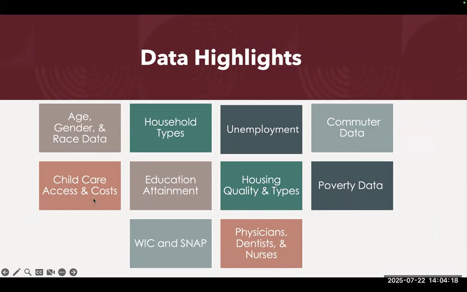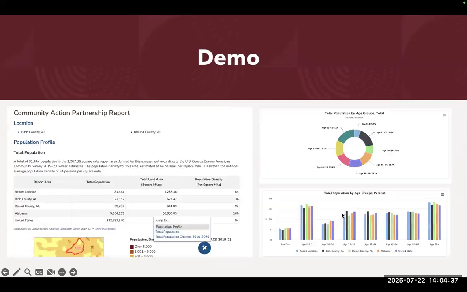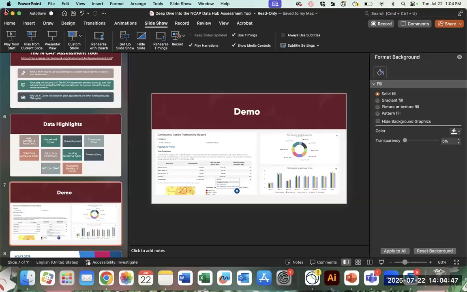We have things on childcare access and costs, household types, unemployment trends, of course, poverty, commuter data, housing quality and types, WIC and SNAP, and access to care. Lots of great stuff in here, but it's going to be easiest to talk about that while we're actually going through it. So I'm going to hop over to my internet browser and we are going to dive right in.